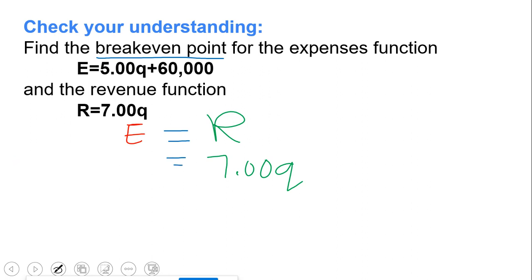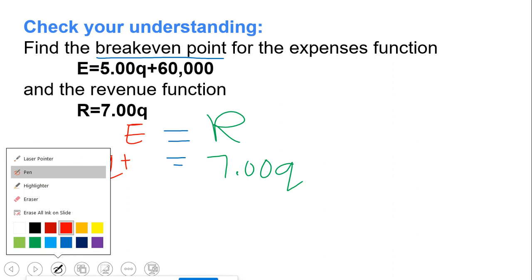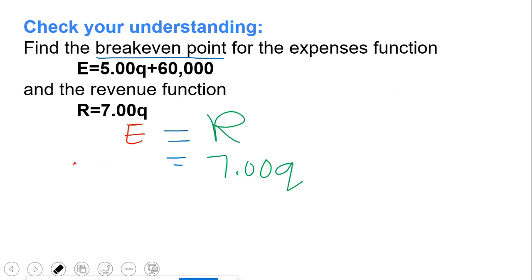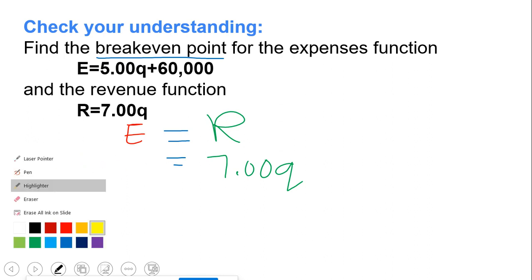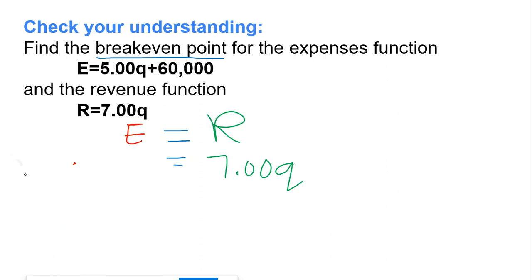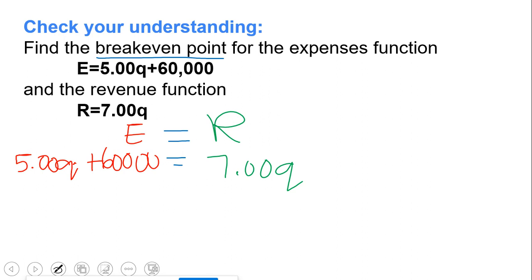This one is 5.00Q plus, oh man, I ran out of space. Let me fix it. 5.00Q plus 60,000.